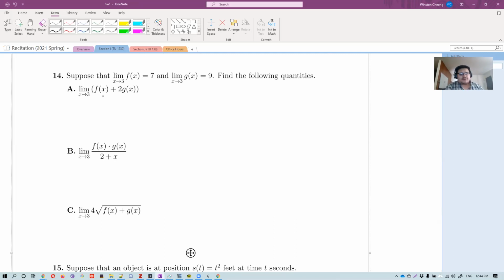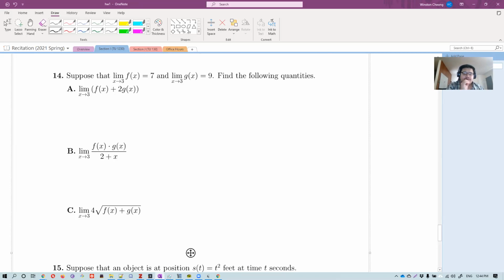Okay. So continuity is like a technical shortcut. So when you look at this thing, you kind of know you should just plug it in, right? But we tell you very technically that a limit by definition is something where you don't actually plug in. You're not allowed to plug 3 into the function.